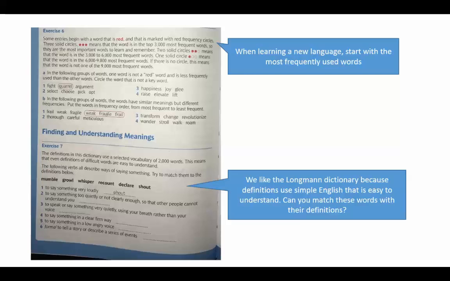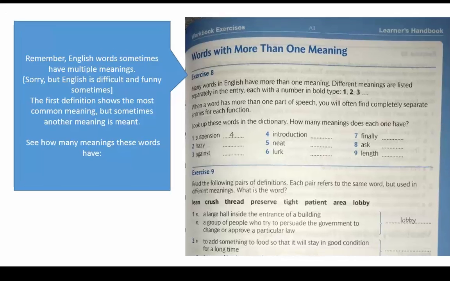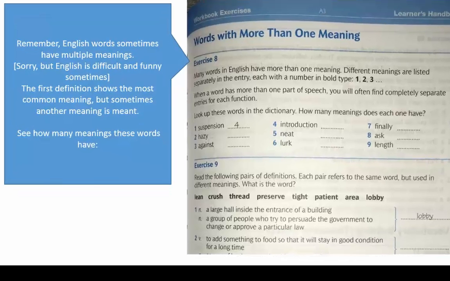Okay, let's move on to the next page where it says words with more than one meaning. And this is one very important thing that I want to point out as well. So like I said, when you come to a definition, you'll see maybe 1, 2, 3, 4. Those are different definitions for the same word. And sometimes when you see the pink word and then you'll see a blue word after it, that blue word is a different part of speech with maybe a slightly different meaning as well.